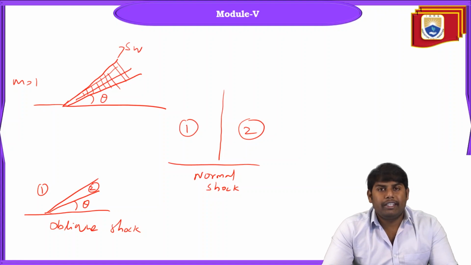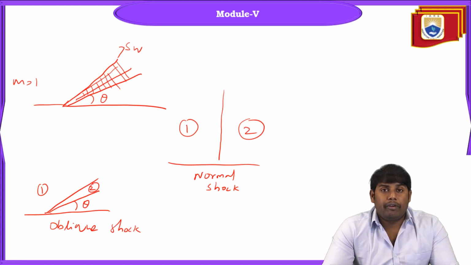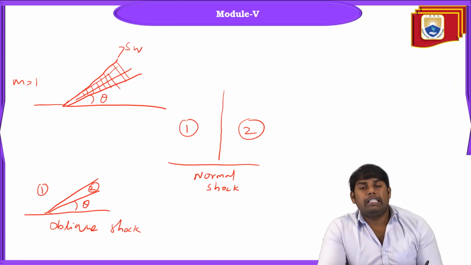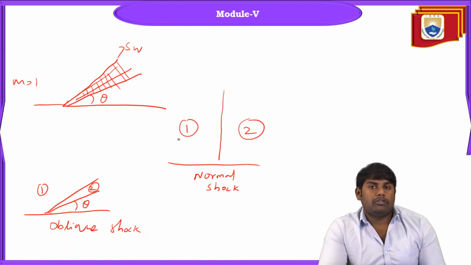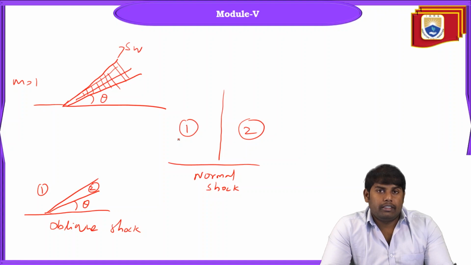So which method is preferable to capture the shock, the finite volume method or the finite difference method? That thing we see. Let us consider a normal shock. First, how a shock is formed: when the speed of the flow is surpassing, let's say overcoming, the speed of sound.